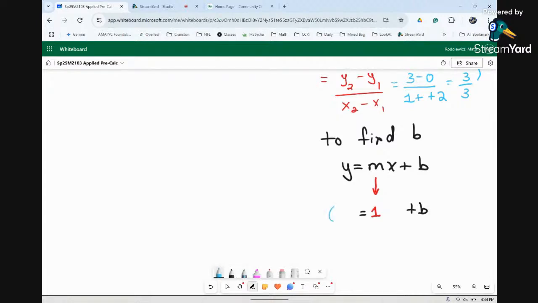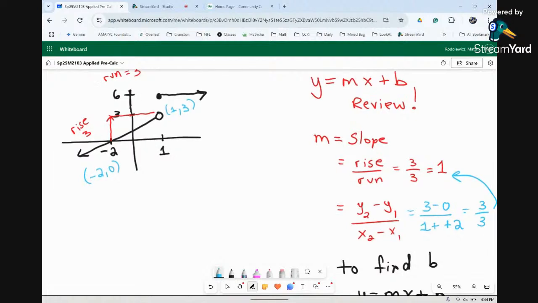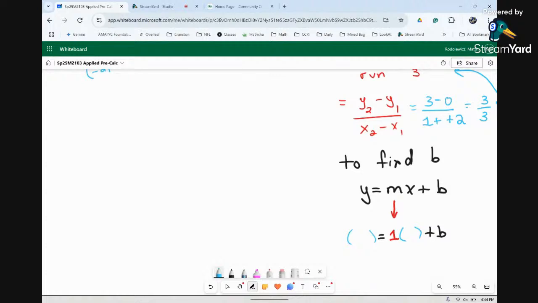And over here, for x and y, we're going to sub in a point that is definitely on the line. So I'm going to choose this one, -2, 0, because it's definitely on the line. So for x, sub in -2.